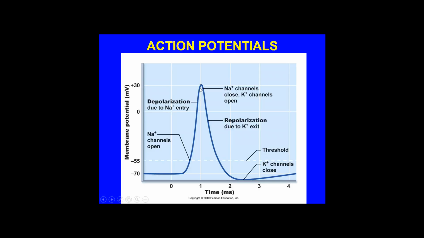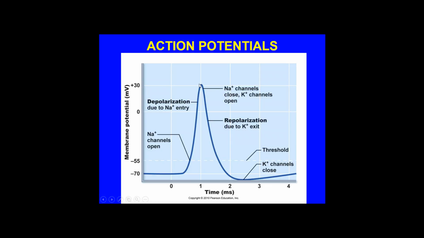By the time you get up to about here, the sodium ion channels begin to close and the potassium channels begin to open. When they do, they're kicking out positively charged ions, and so you start having this repolarization effect.